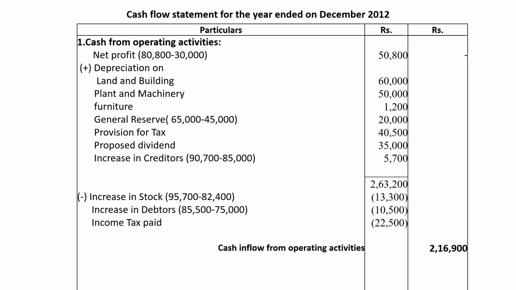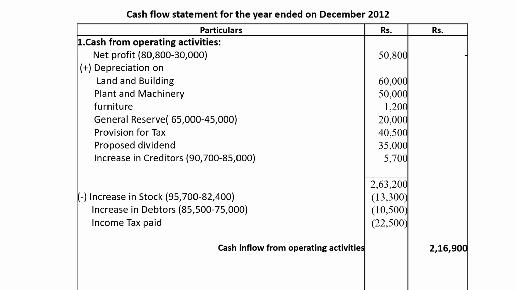First, ascertain the cash flow from operating activities. Take the net profit 50,800. To this add non-operating expenses and adjustment in current assets and current liabilities.